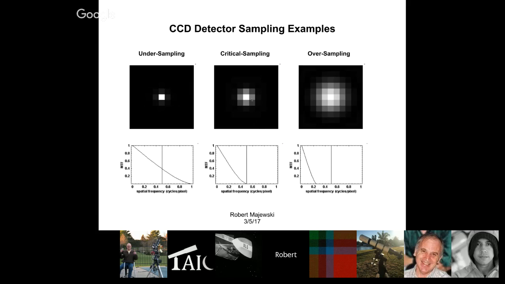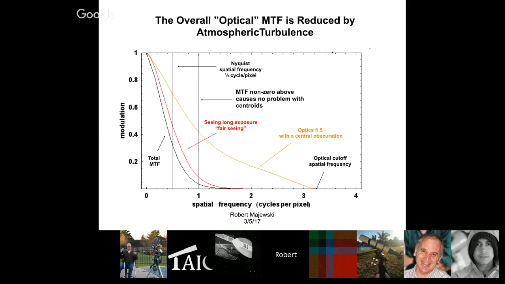Now, one other thing here is that I might have scared you a little bit about f16 or something, but here's an example for my system. Here's what an f5 with 9 micron detectors looks like for the optics. Here's modulation versus spatial frequency. Here's Nyquist. Here's 1 cycle per pixel. The cutoff in the visible is actually out at 3 1/4.